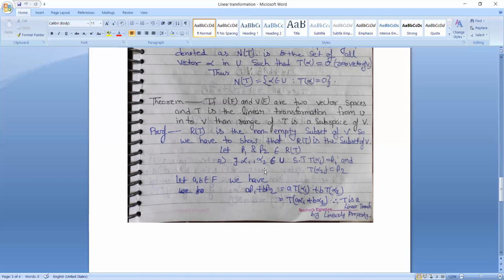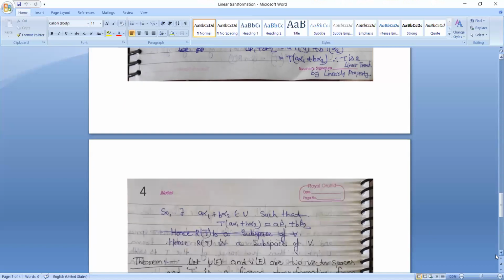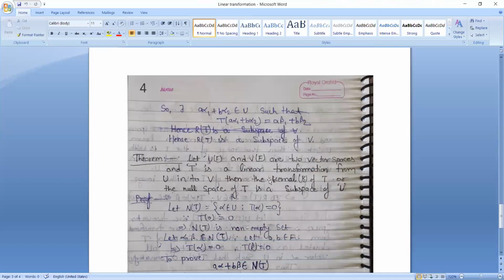That implies there exist α1, α2 belonging to U such that T(α1) = β1 and T(α2) = β2. Let a, b belong to F. We have aβ1 + bβ2 = aT(α1) + bT(α2), which is T(aα1 + bα2), since T is a linear transformation, by the linearity property. So aα1 + bα2 belongs to U such that T(aα1 + bα2) = aβ1 + bβ2. Hence R(T) is a subspace of V.